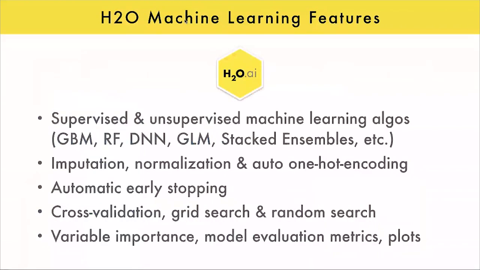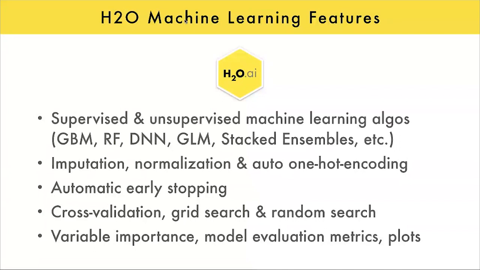Okay, so H2O could be considered a big data engine, but its primary focus is that it's a machine learning engine. So in terms of machine learning features, what do we have? We have a bunch of supervised and unsupervised machine learning algorithms. Some of the ones that you're familiar with, these are all acronyms here: GBM is gradient boosting machines.